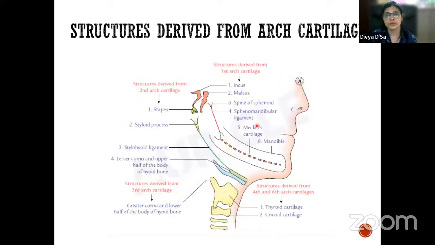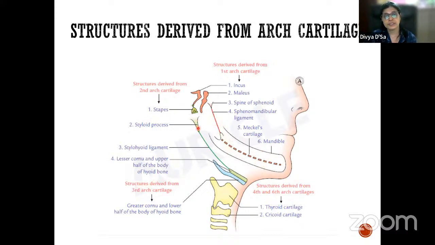Here also you can see one more picture. Structures derived from the first arch: incus, malleus, spine of the sphenoid, sphenomandibular ligament, Meckel's cartilage remnants, and it contributes to the formation of the mandible.